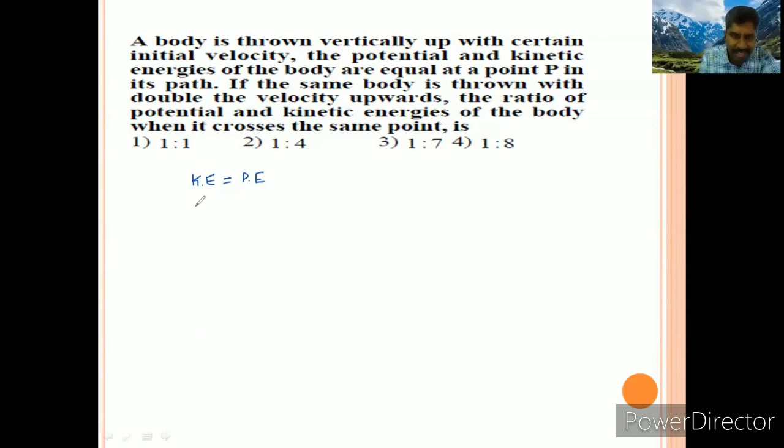So here I will take total energy, we know, is the sum of potential energy plus kinetic energy. These two are equal, so I will write 2 potential energy. Now the second case, this is the first one. In the second case, the total energy, second, dash I will write, is equal to kinetic energy.